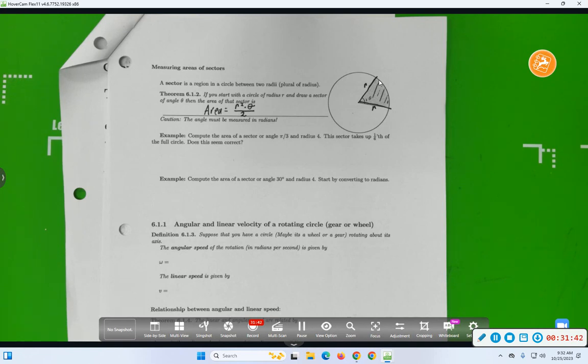Let's just use this to do something. So here's the first thing to do. Let's take a sector of angle pi over 3 and radius 4. Could you use that formula to just tell me what the area of that sector is? What'd you get?